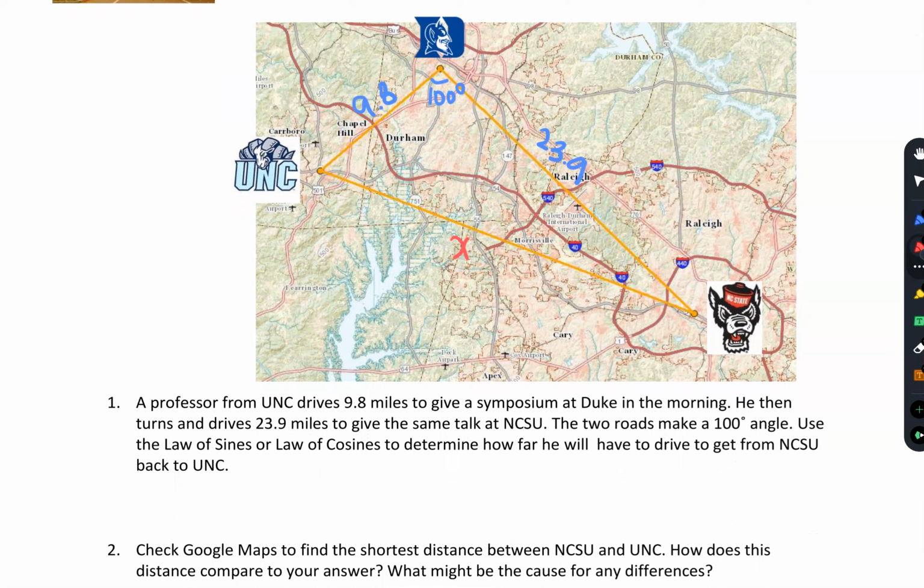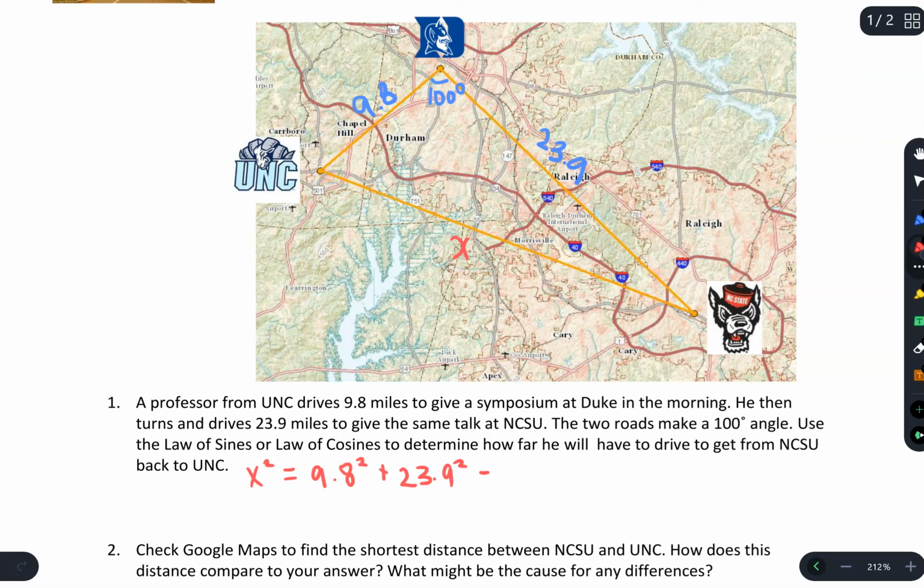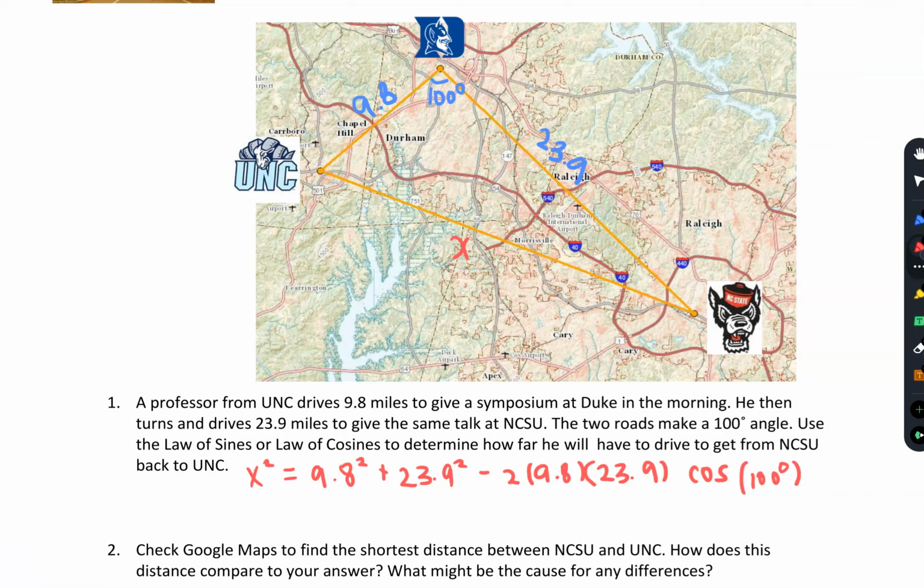So we will say x squared is going to be equal to 9.8 squared plus 23.9 squared minus 2 times 9.8 times 23.9 times cosine of that angle, 100 degrees. So what did you get for x here? 27.4.